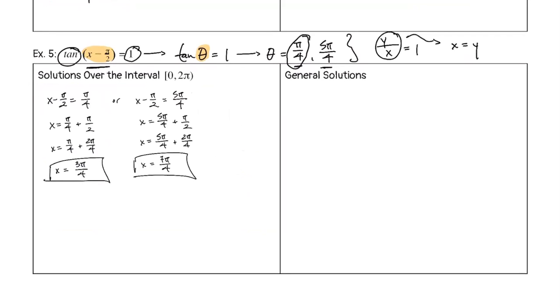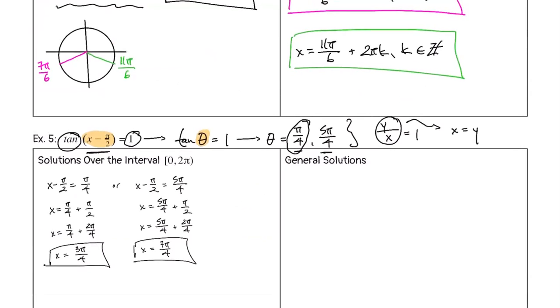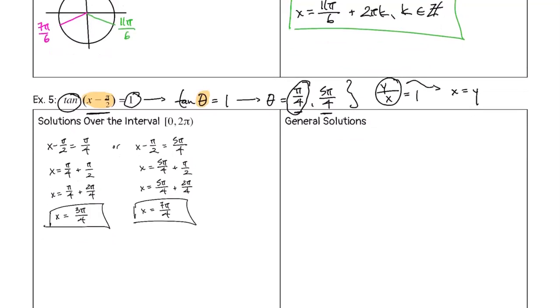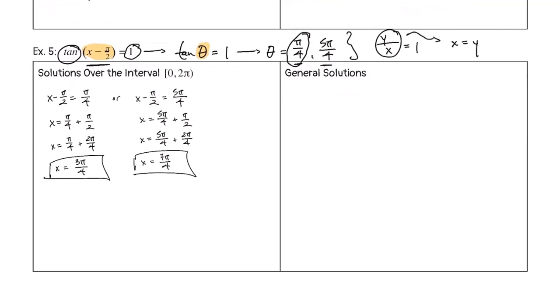So those are our two solutions, but I do want to take the time to draw a little unit circle and mark these off so we can kind of see what we're looking at, okay? So what we're saying is that if we take our solutions and we mark them on the unit circle, we'll get one solution that's here. This is our 3 pi over 4, okay? The other solution is the 7 pi over 4.